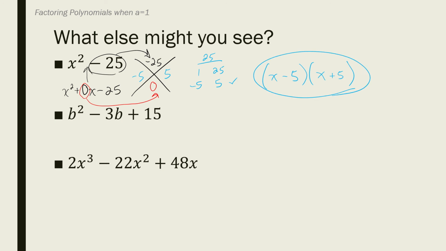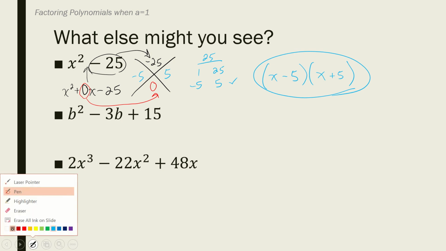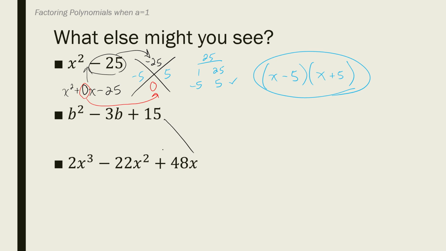Okay, let's look at the next one. b squared minus 3b plus 15. Set up x, positive 15 on the top, negative 3 on the bottom. Looking for two numbers that will multiply to give me positive 15 and combine to give me negative 3.